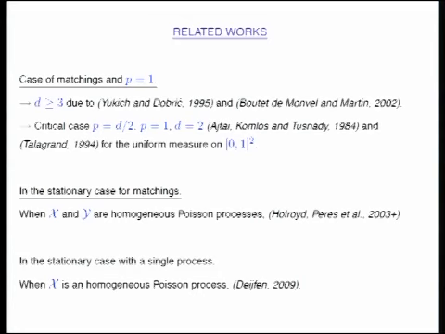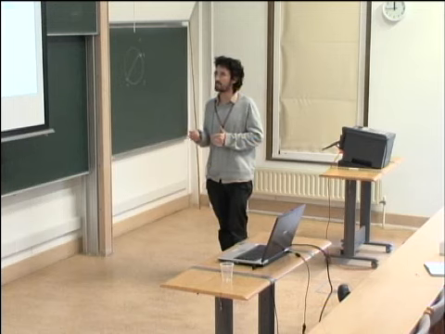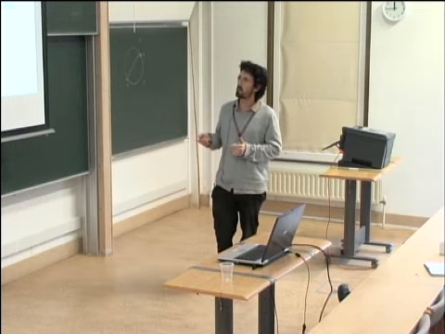There has been a fantastic amount of work, very nice work by Ajtai, Komlós, Tusnády and Talagrand on the case where mu is simply the uniform measure on the [0,1] square, but it's much more complicated than what we did with Frank.